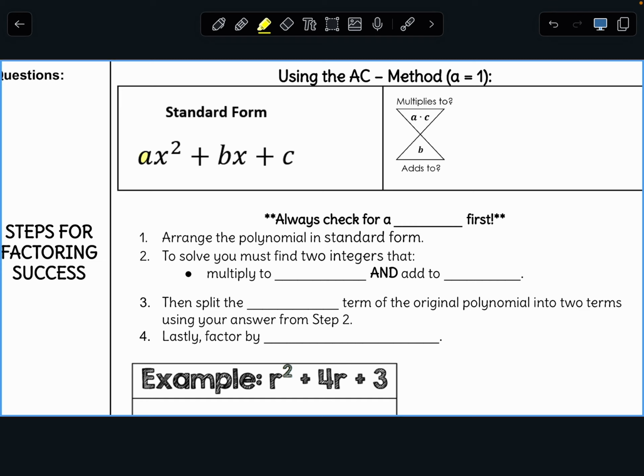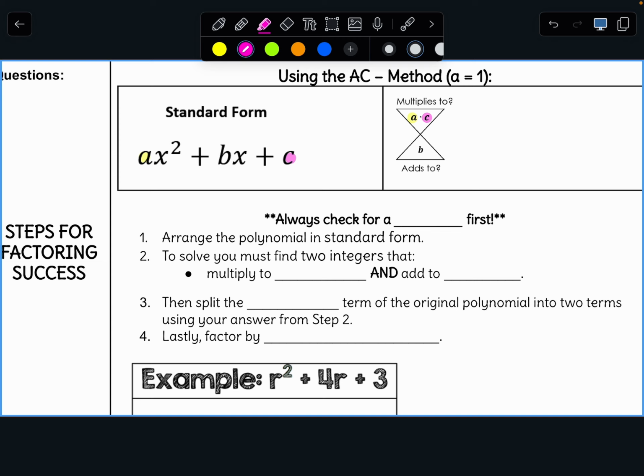First, that x puzzle that we just got, the way that we get the number that's in the x is that we multiply the numbers that are a and c.